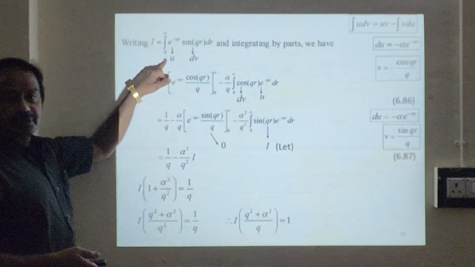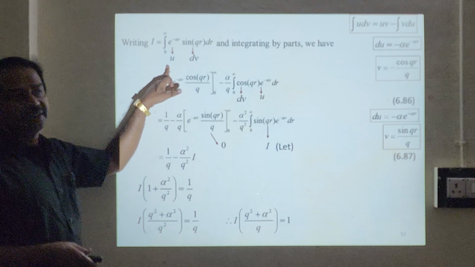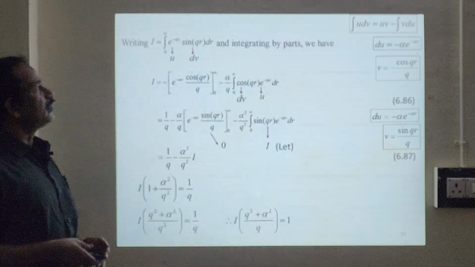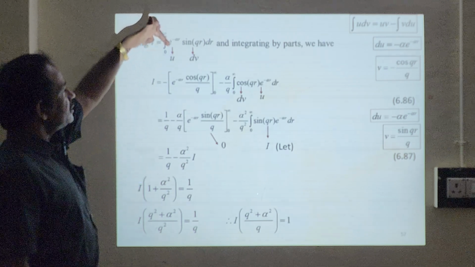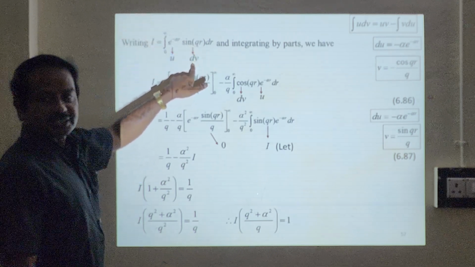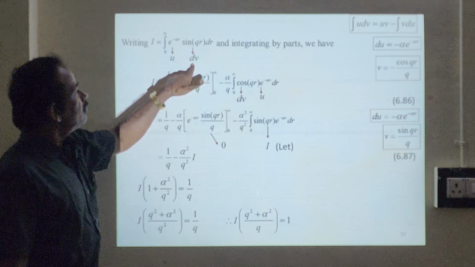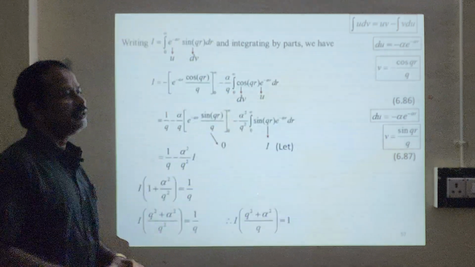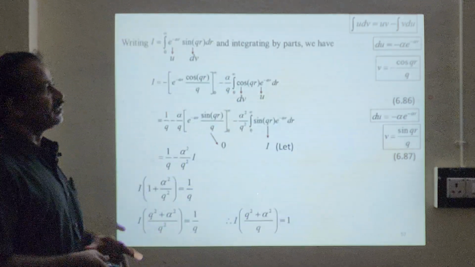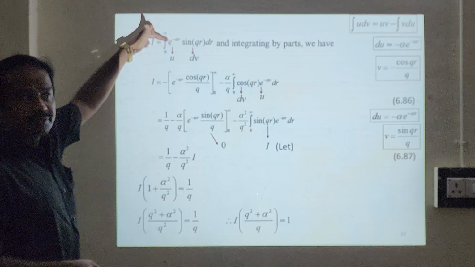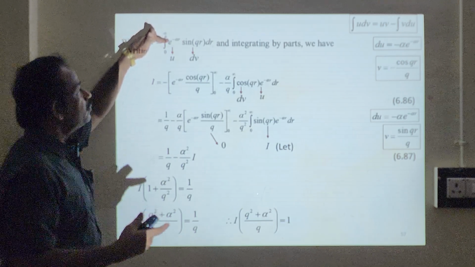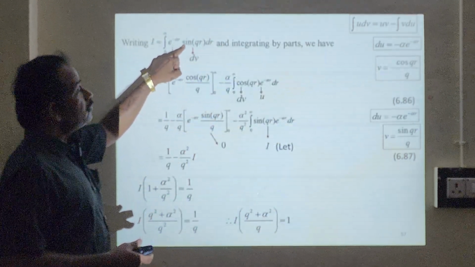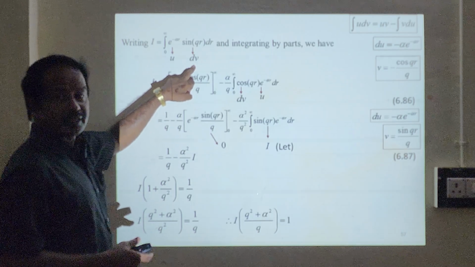We are going to solve it using the UdV method, which we know already: the integral of UdV equals UV minus the integral of V du. So we are going to keep e power minus alpha R as U, and sin QR dr as dV. If it is U, then du is obtained as minus alpha e power minus alpha R. Now sin QR dr is nothing but dV.